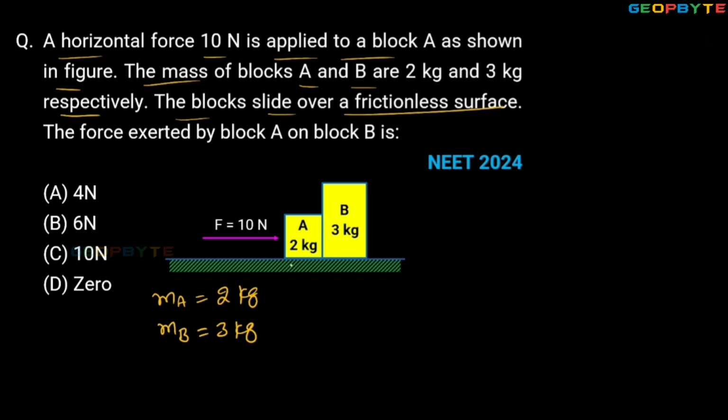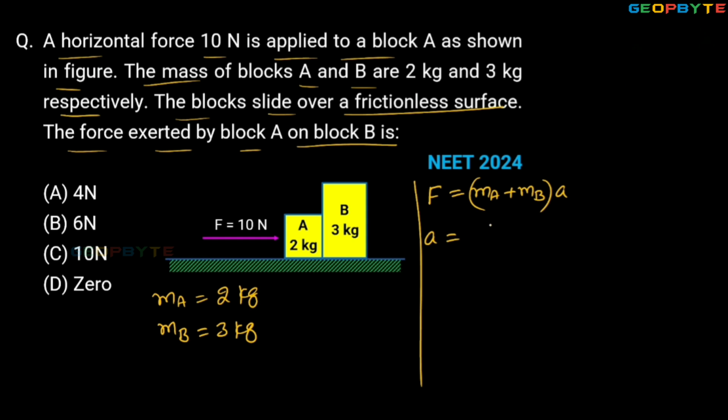There is no friction between the contact surfaces. The force exerted by block A on block B. Indirectly, what is the force exerted on the block B? For that, we need to decide the acceleration. Since both are touching each other, both are maintaining the same acceleration. Then this external force must be equal to ma plus mb times the acceleration.